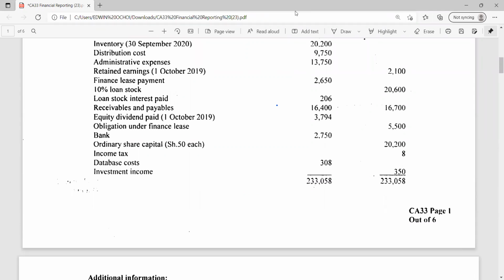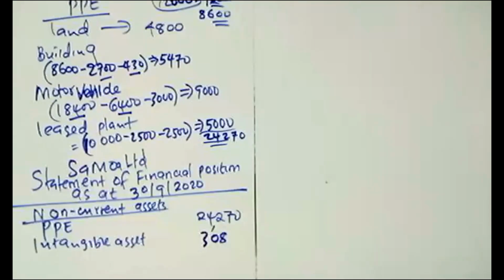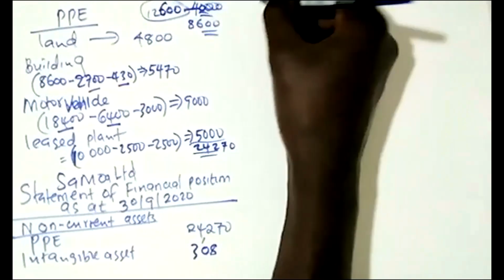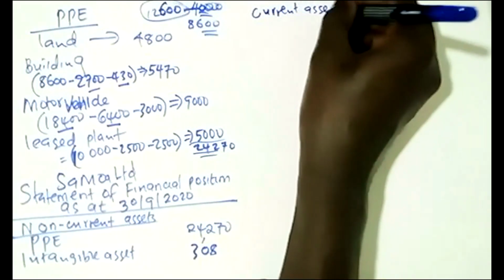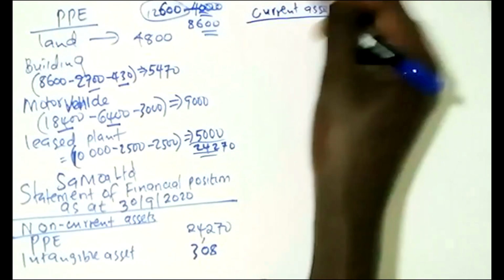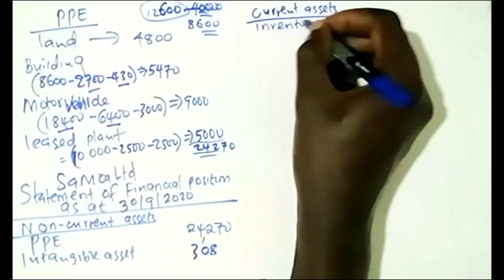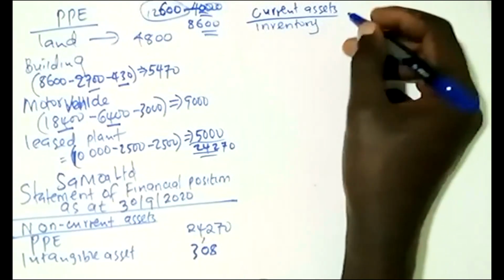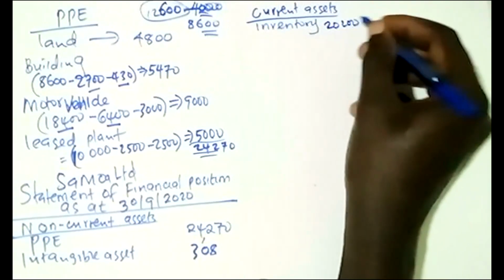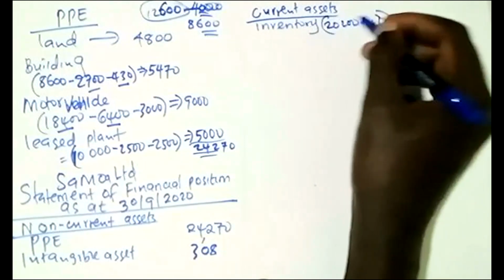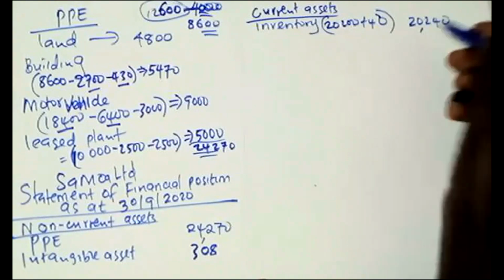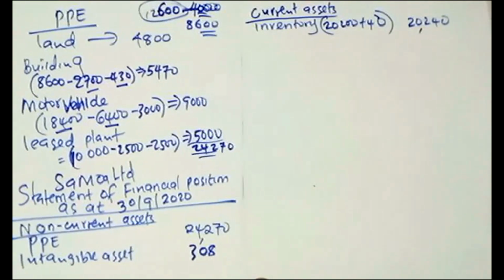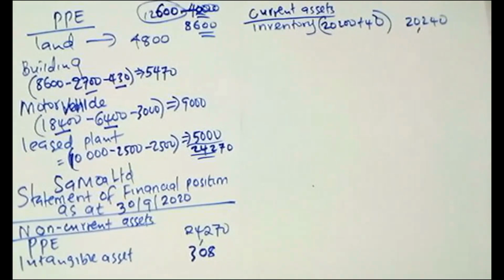Then we have the current assets. For the current assets, we have the inventory. Our closing inventory in the trial balance was 2,200. We added the 40, which was omitted, the one concerning replacement cost. So you get 2240.